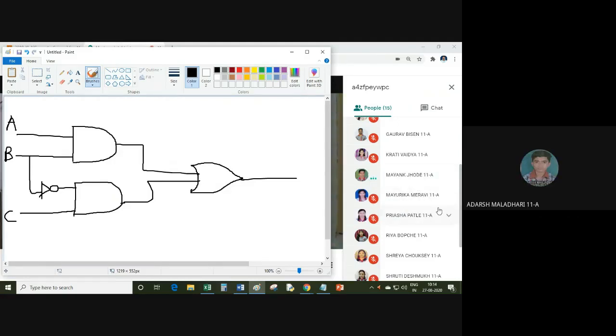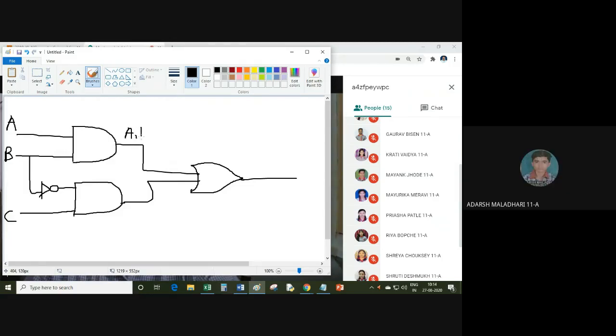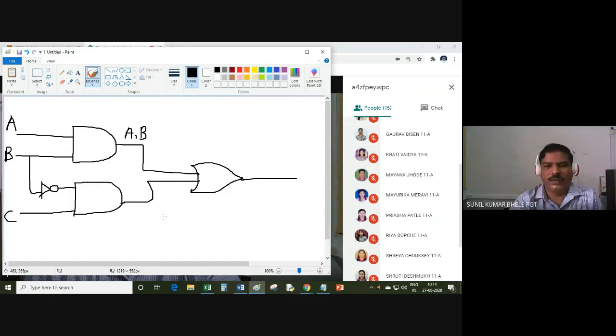Sir, A plus B plus. No, look, this AND gate has a symbol dot. So the output of this gate is A dot B, like this. Sir, A dot B plus A dot B bar dot C. Yes, very good. This is B complement dot C, and then this is an OR gate.